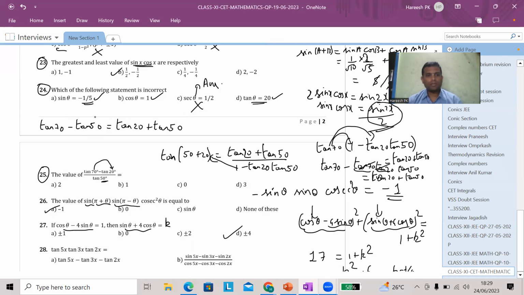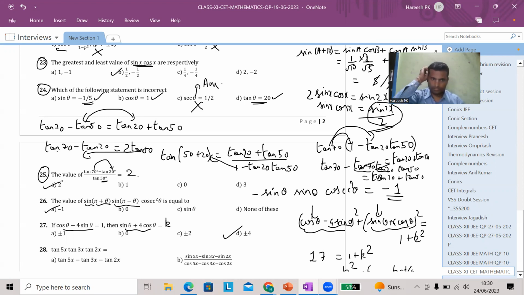Now bring tan 50 to this side, tan 20 to this side. So you'll get tan 70 minus tan 20 is 2 tan 50. Last step, divide the tan 50 here. So you'll get tan 70 minus tan 20 by tan 50 is nothing but 2. The right answer is option A.